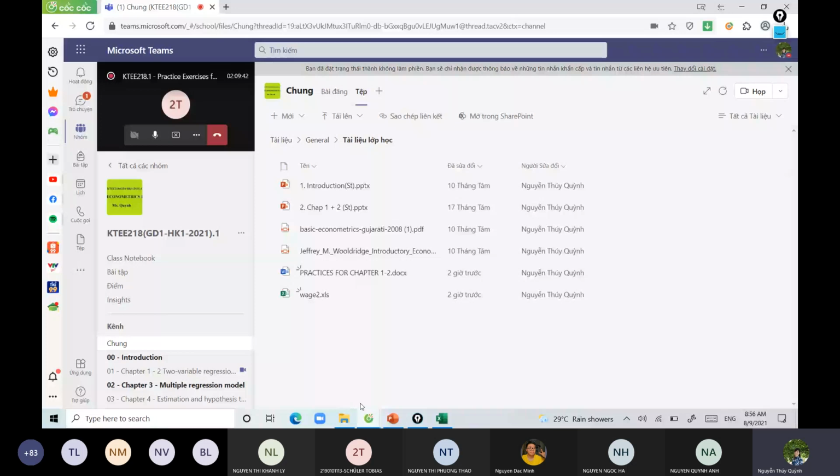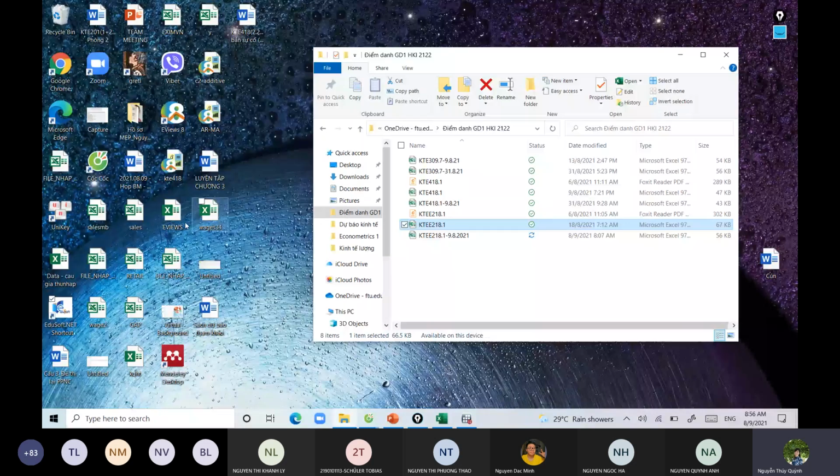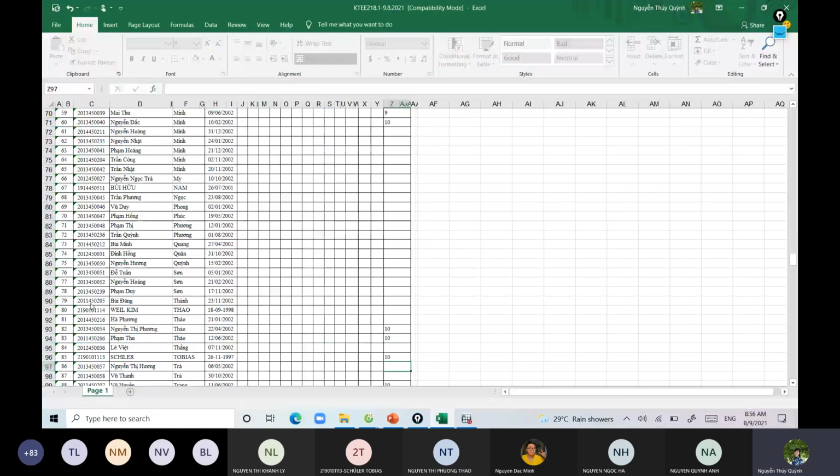First, you have to use data to estimate the model. This is the interface of Stata. Just wait a minute. Have a look at our data here. All right, so this is our data.